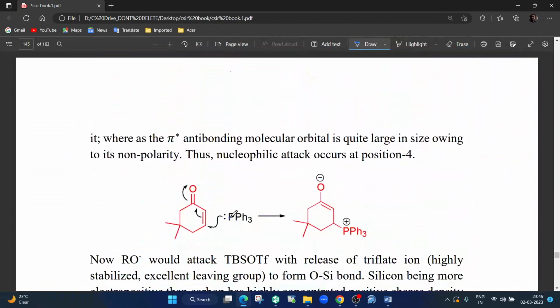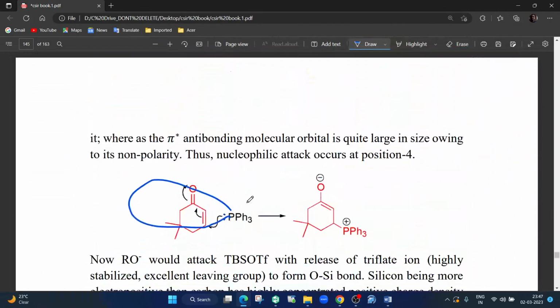Because phosphorus is very big, this electron pair acts really as a nucleophile rather than as a base. So it will go and attack the center which is more electrophilic, because it's all about orbital interaction.